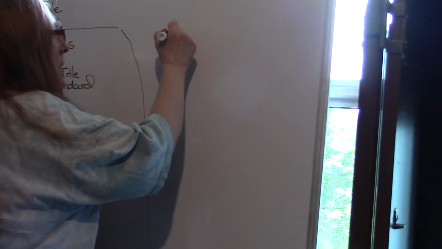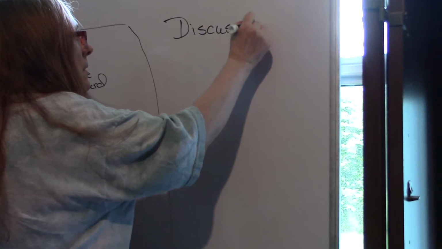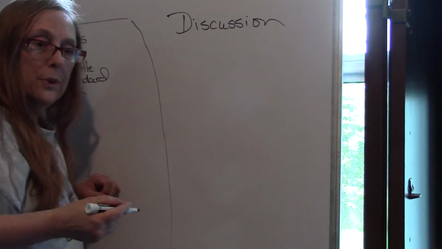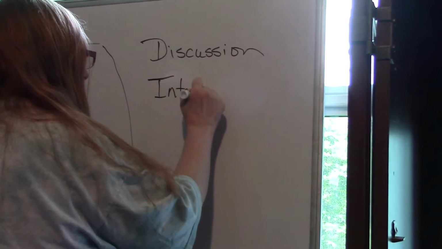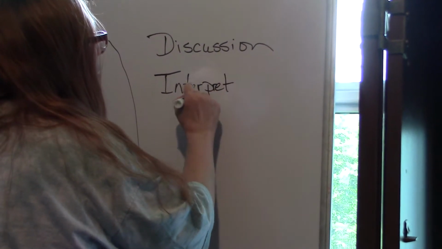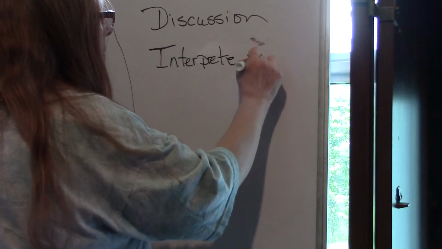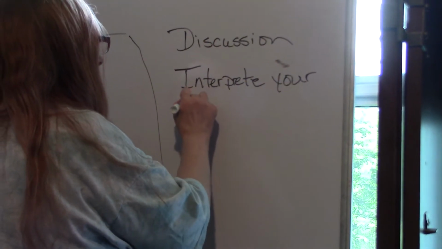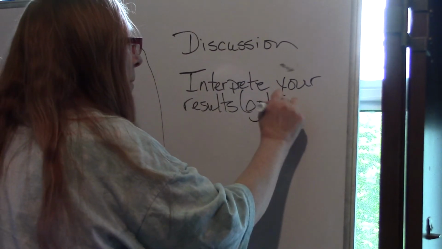Then you have your discussion. And that's in 3 parts. Let me make sure I get them correct. Let's see. You've got interpretation, implication, and limitations. Interpret your results. And you'll need to kind of go back to the big picture.